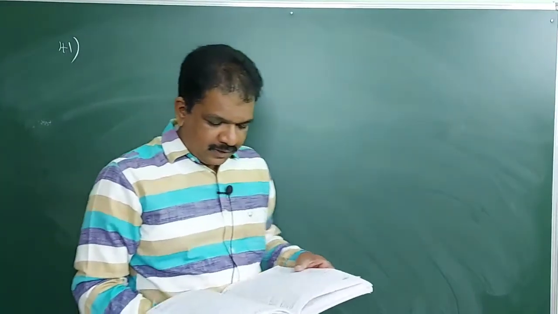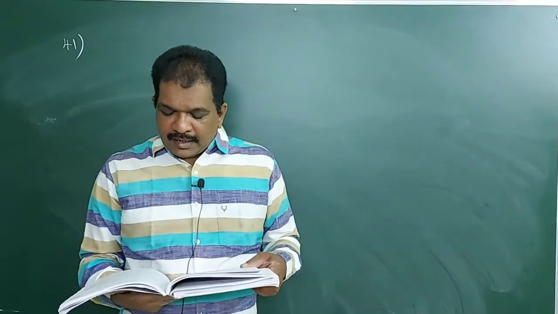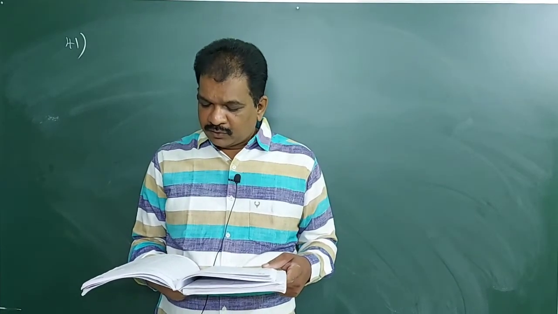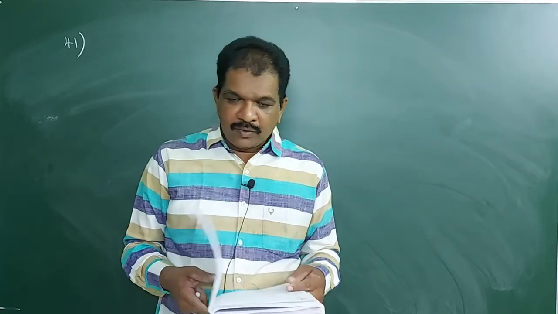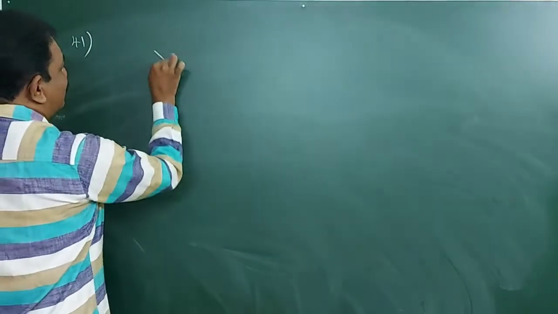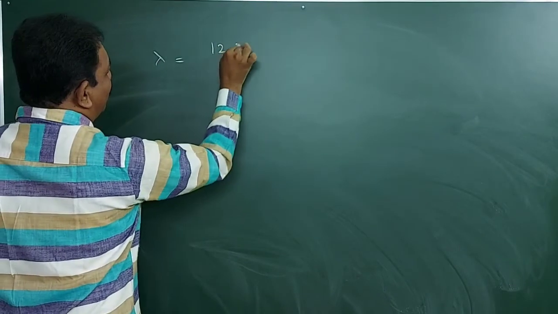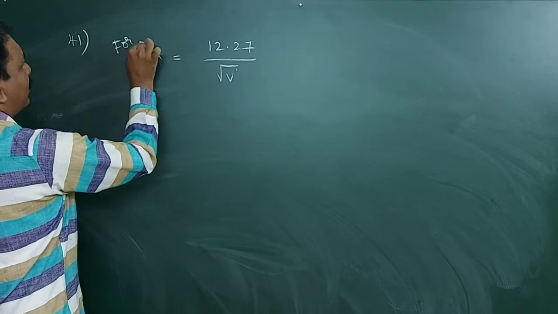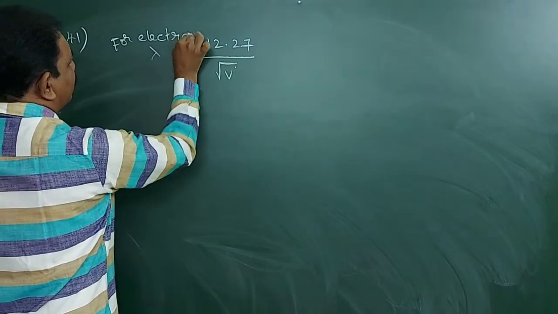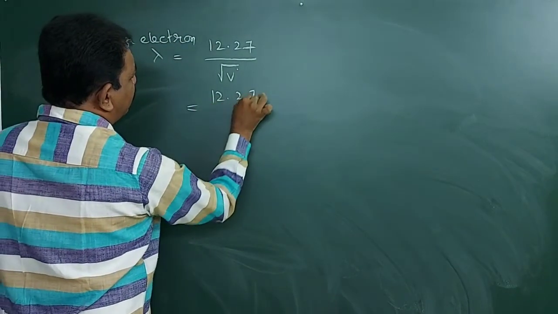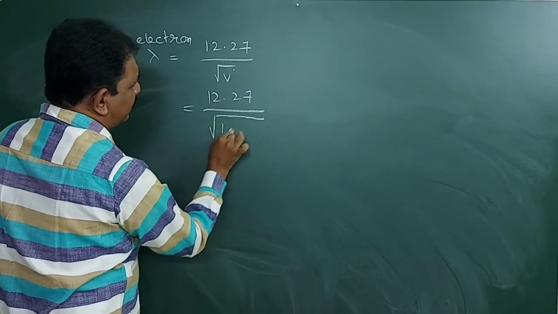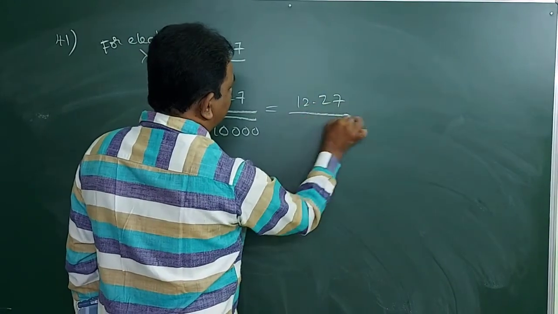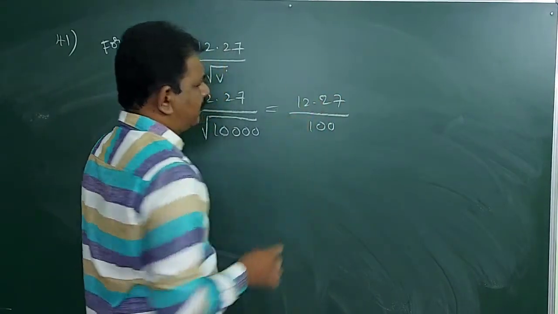What they are asking, see. An electron is accelerated through a potential difference of 10,000 volt. The de Broglie wavelength is? For an electron, it is 12.27 by root V, so 12.27 by root 10,000, which is 12.27 by 100.